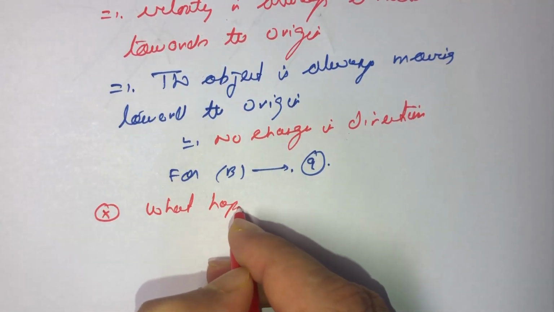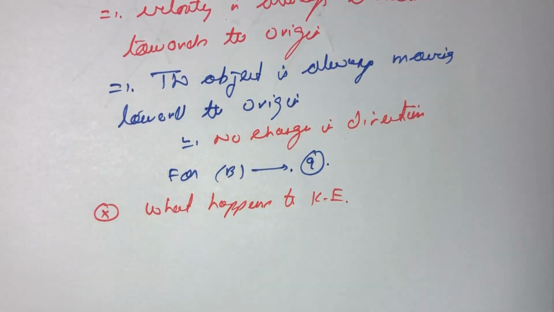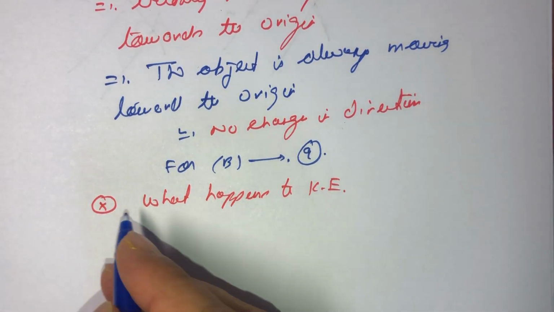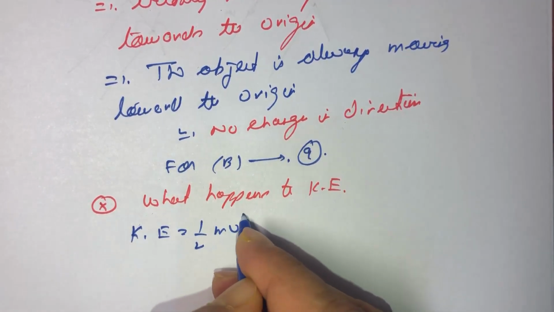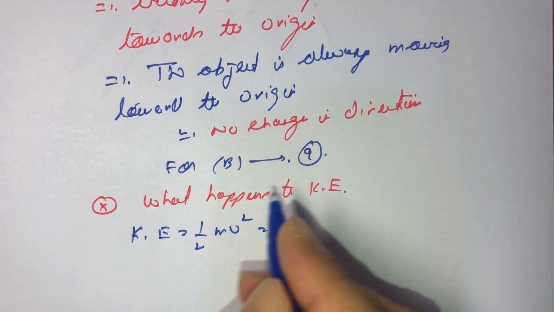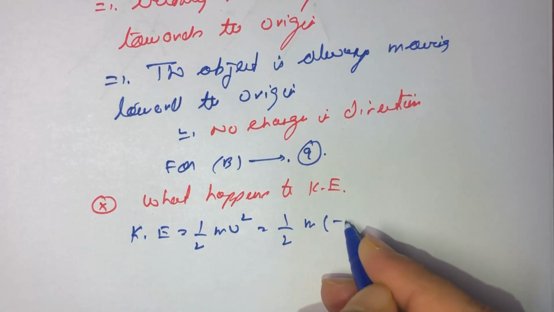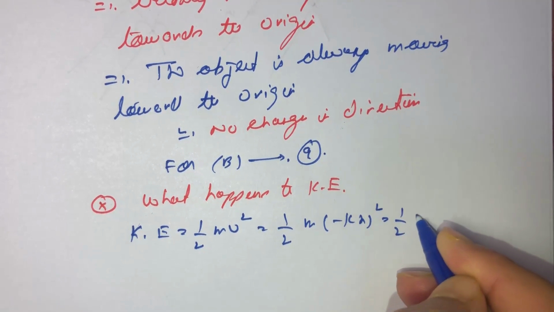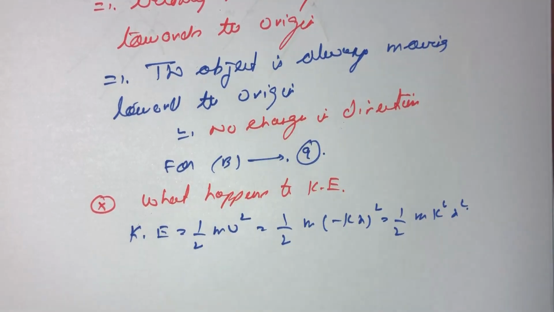What happens to kinetic energy? So kinetic energy is governed by the equation kinetic energy is equal to half mv square, and substituting the value of v, we get half m, and this is our minus k x square, which becomes half m k square and x square.